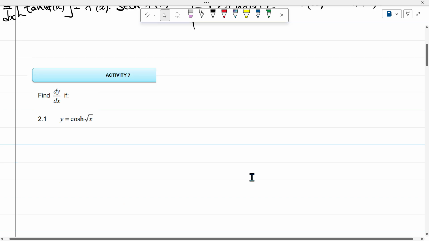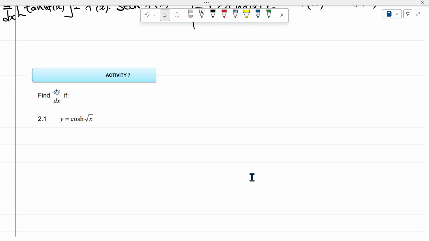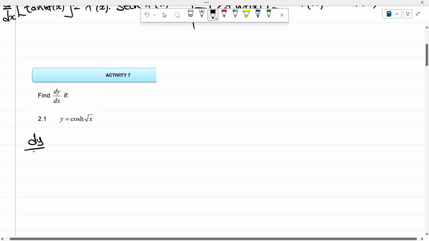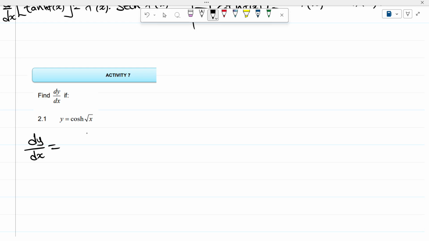Okay, now on our first question under activity 7, we have to find dy/dx if y equals hyperbolic cos of root x. So dy/dx equals the derivative of hyperbolic cos, which we just discussed, it's going to be hyperbolic sine of root x.